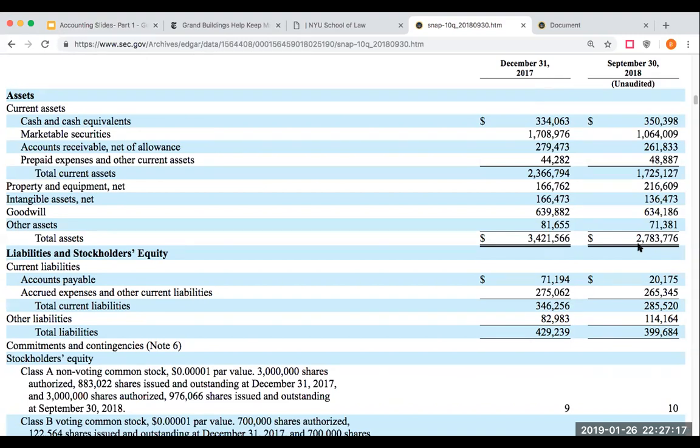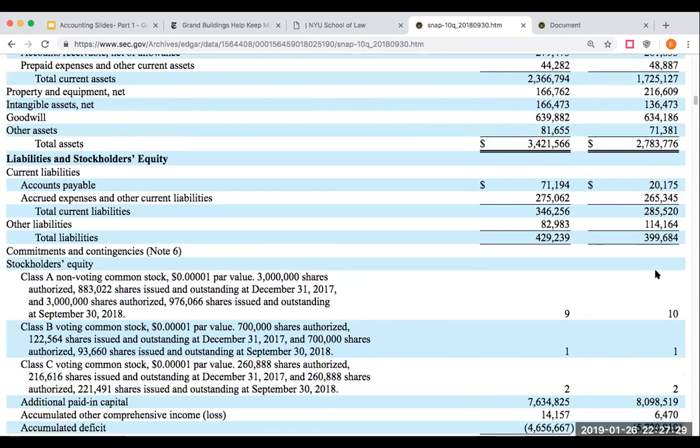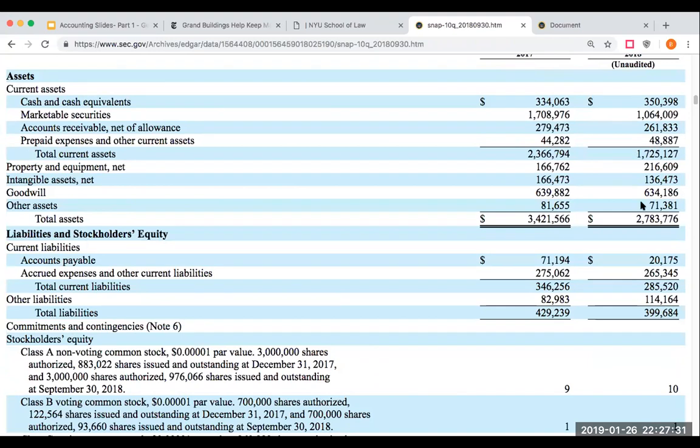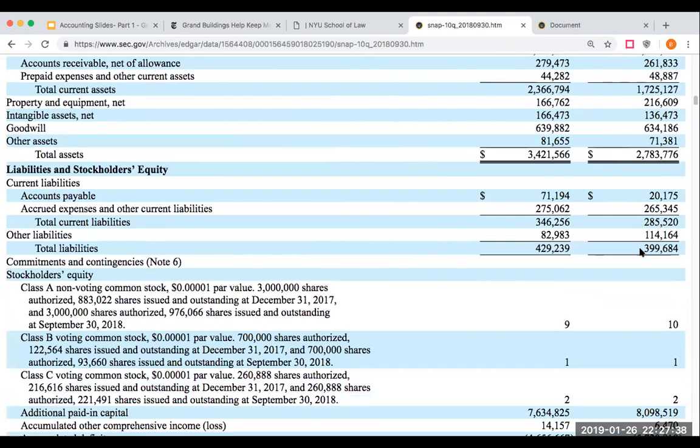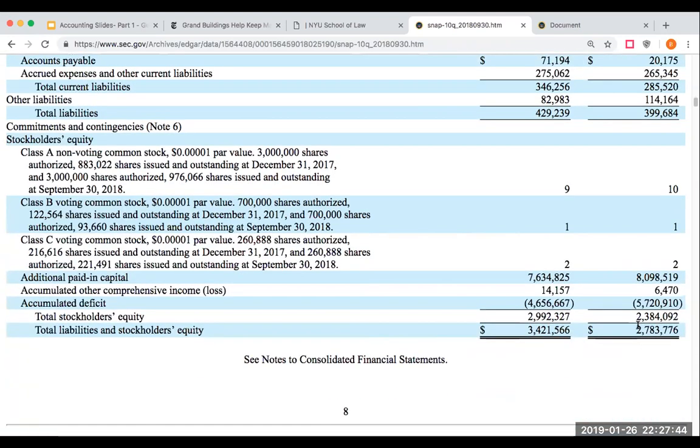When we look at total assets, we ask how those assets are owned, meaning what are the liabilities against those assets, and the remaining amount is what is owned by the owners. Snap has about $2.7 billion in total assets, liabilities of $399 million, and owner's equity of $2.3 billion.